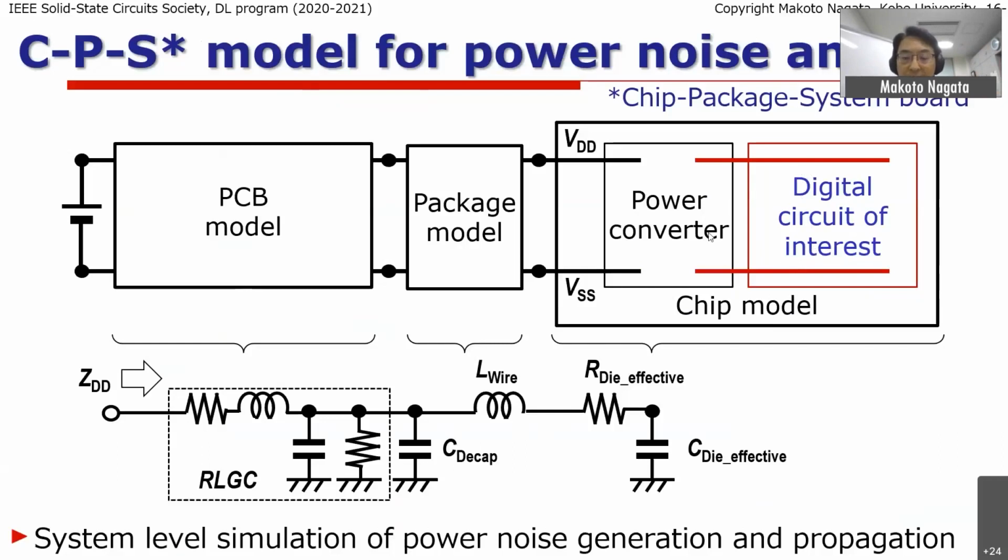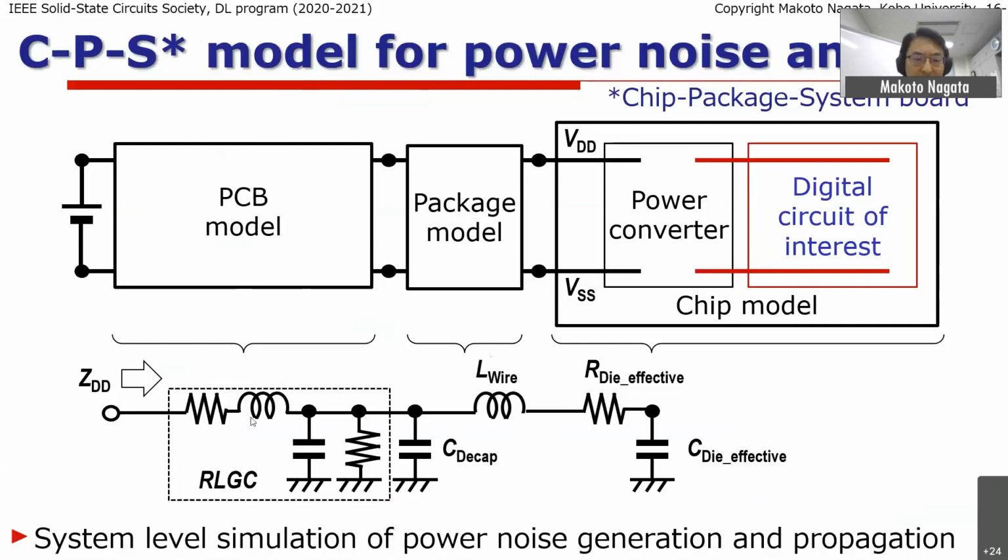So we simply need the power current models of the digital circuit of interest. In this case, the cryptographic engine is the most important. And the package model is often simplified by the wiring or the bonding, or sometimes the line impedance governed by the inductance.